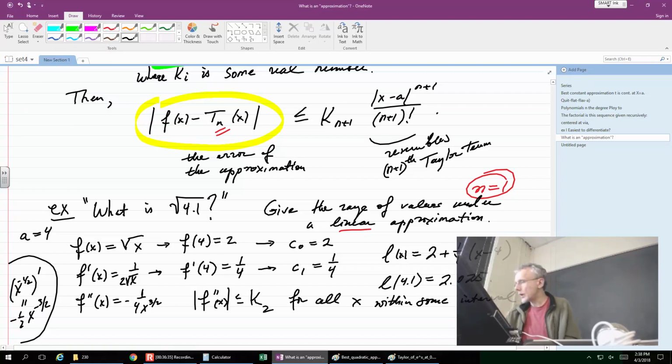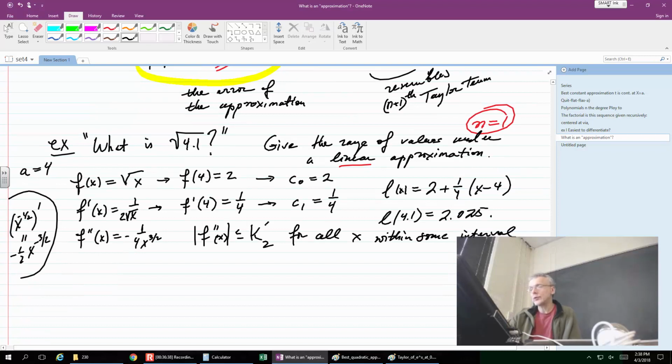Okay, so we need an estimate. k sub 2 is the number to be found. But before that, let's decide what interval we should choose so that we could choose the smallest possible, but let's choose the one that is easier to handle.